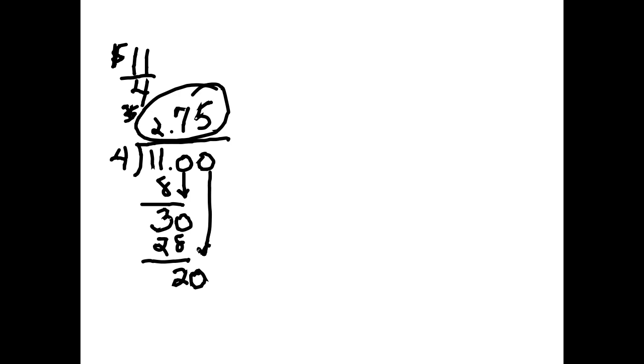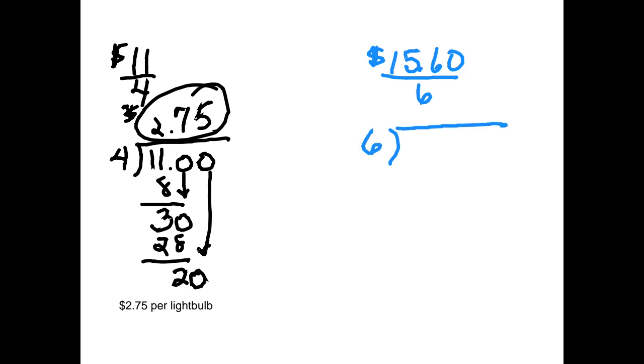Okay. Now, I still got the next one. Now remember, this one was $16.50. Oh, take that back. I got them backwards. $15.60 divided by 6. Now 6 goes here. 1560.